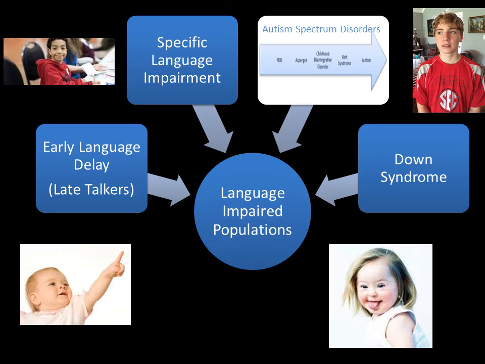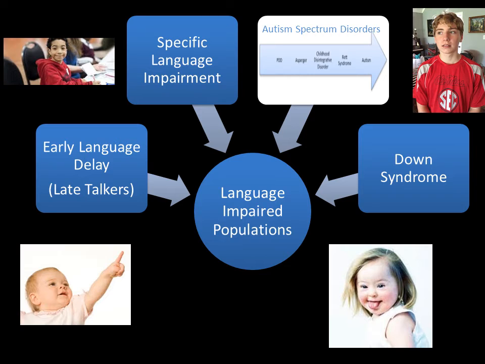Sometimes there's a language regression. A lot of times parents report that children were developing typically, they had words, and then all of a sudden they lost those words and stopped gaining any new vocabulary. They may repetitively engage in meaningless activities such as twirling their hair, spinning the wheel on a car, or lining things up.